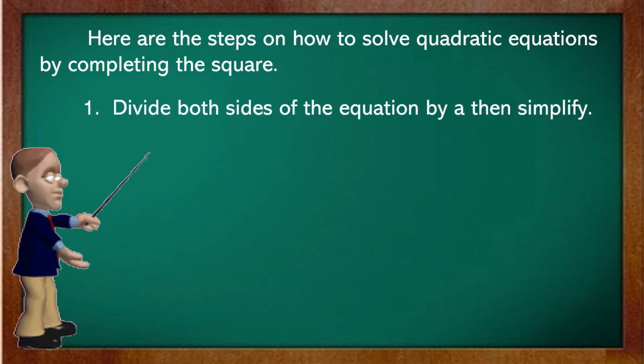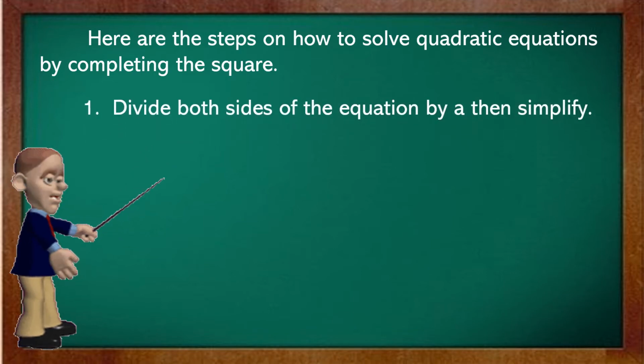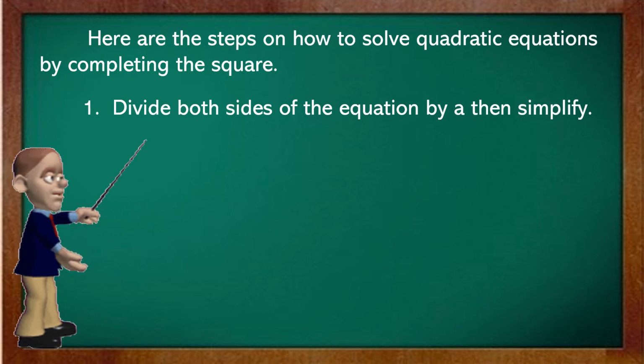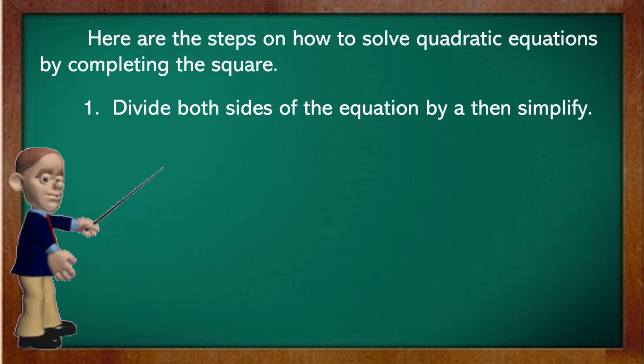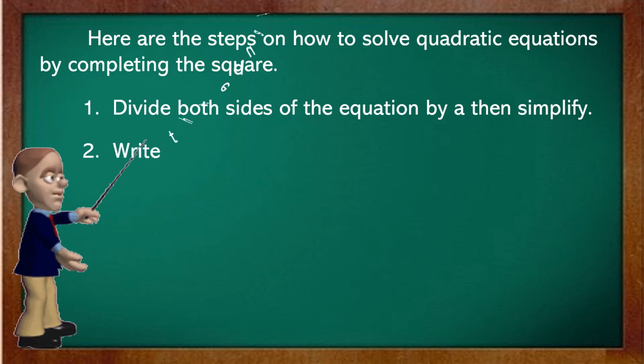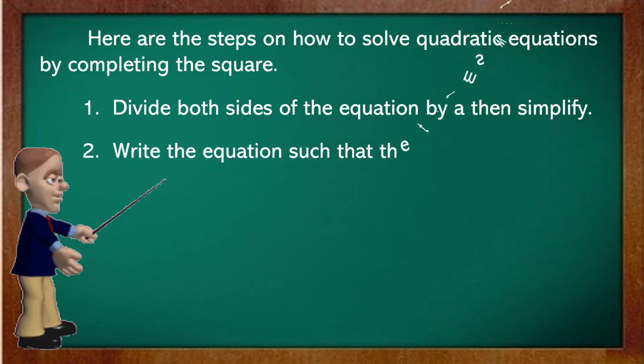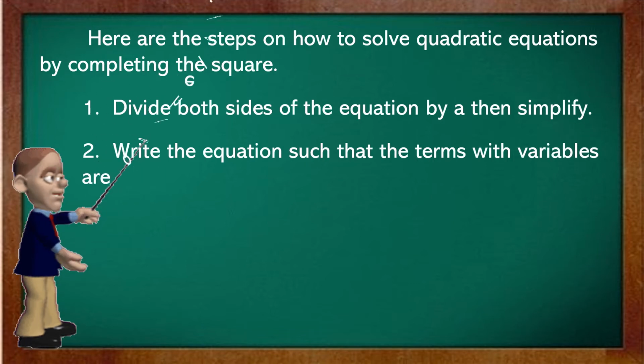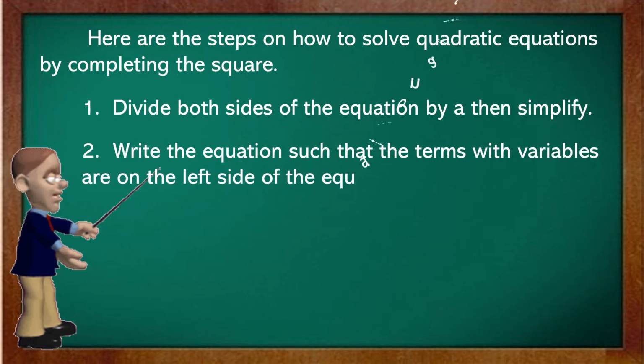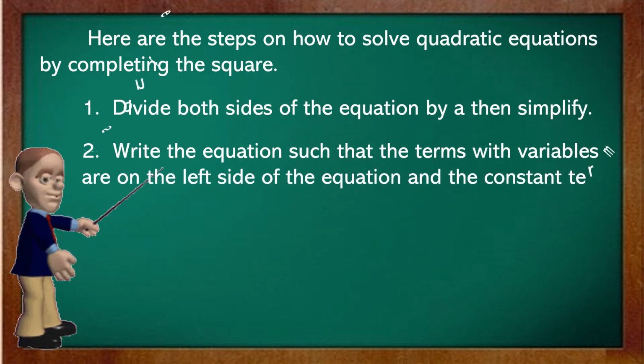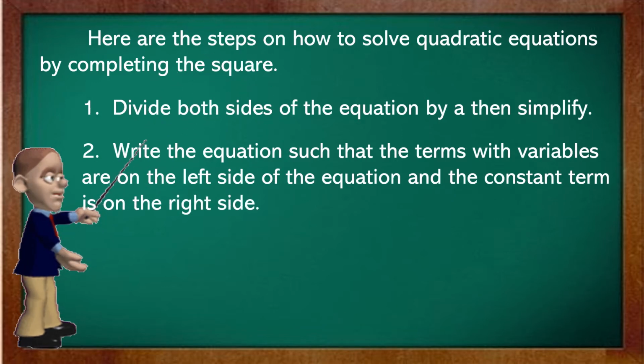The first one is divide both sides of the equation by a, then simplify. The second one, write the equation such that the terms with variables are on the left side of the equation and the constant term is on the right side.